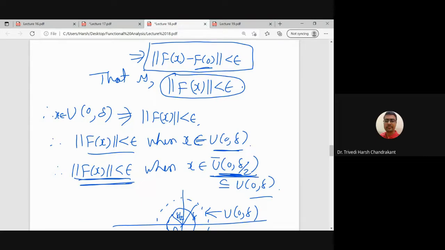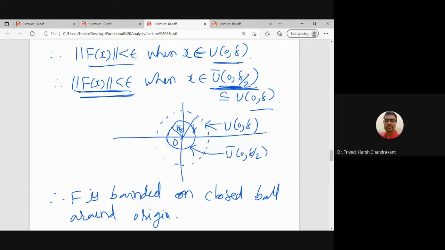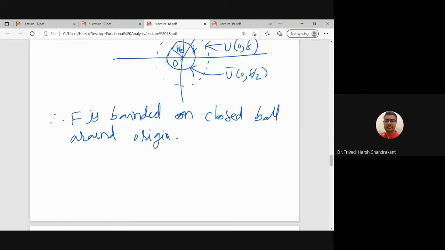So the function is bounded on the closed ball, and then it implies that the last condition, boundedness of a linear map, is satisfied. So let us prove that. We show that 1 implies 5.